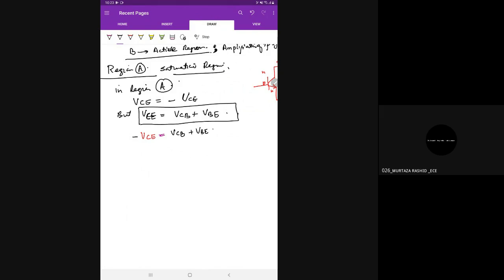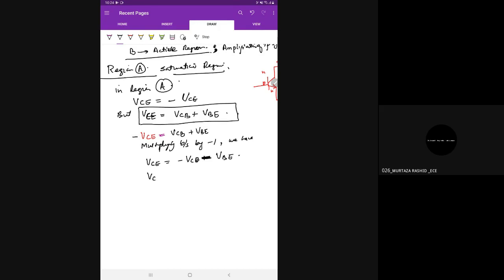If we multiply both sides by minus 1, VCE will be equal to minus times VCB, then minus times VBE.